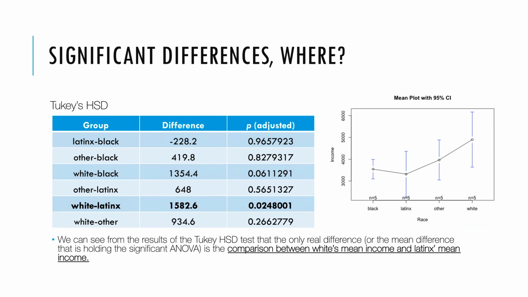P is less than 0.05, so we know that when we look closer into these data, while we do find a significant overall F, a significant overall ANOVA test, the true mean comparison that's holding that difference is the comparison between white individuals and Latinx individuals, such that white individuals are making significantly more than Latinx individuals.